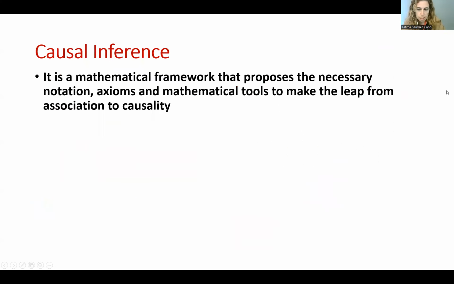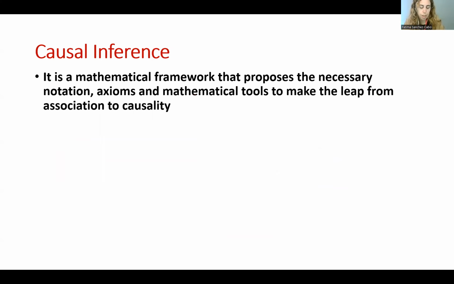So, of course, as mathematicians, I think it's a very interesting approach to try to reuse the data that we gather in observational studies to propose a new mathematical framework that can actually help us to draw causal conclusions from the data.